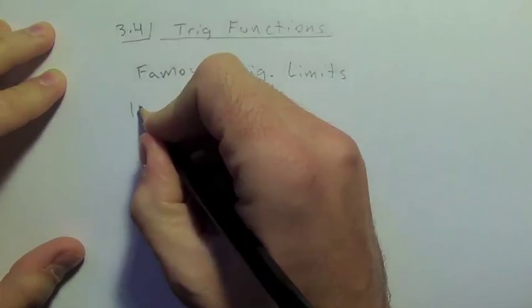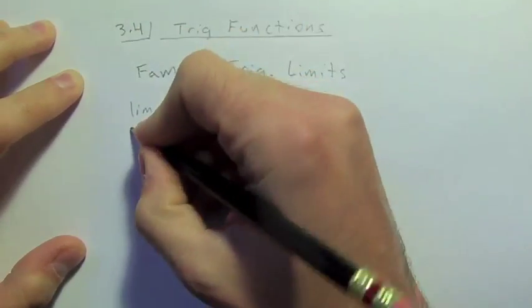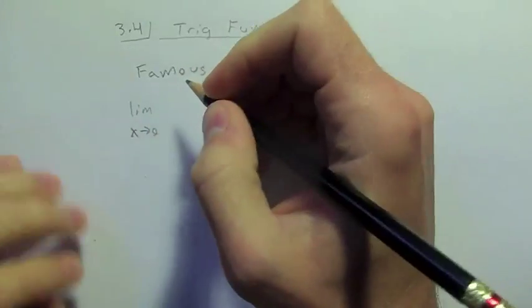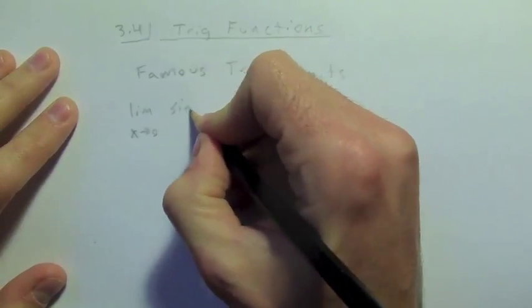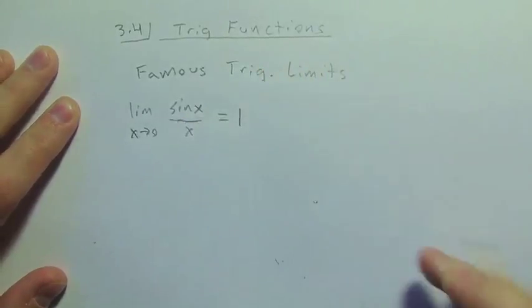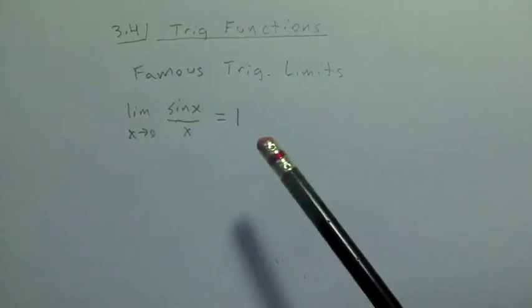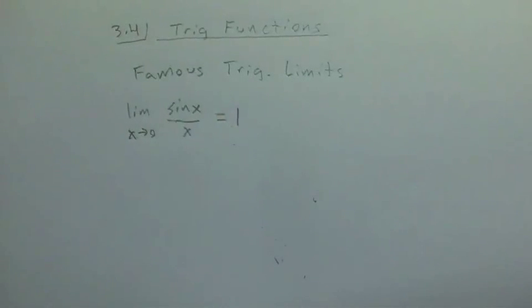We have the limit as x goes to 0 of sine of x over x is equal to 1. Now, you all saw this on one of your limit worksheets. You used a table to show that this was equal to 1. And that's where we're going to leave that explanation for now.